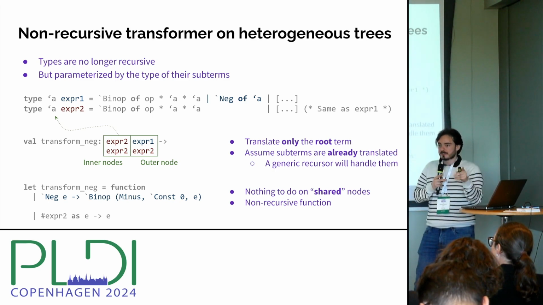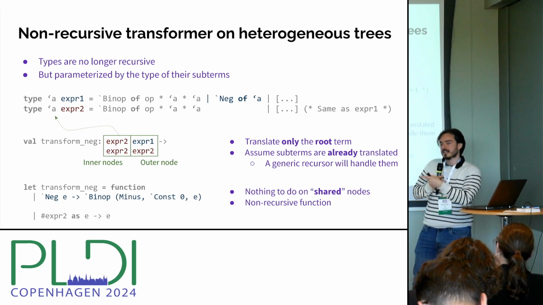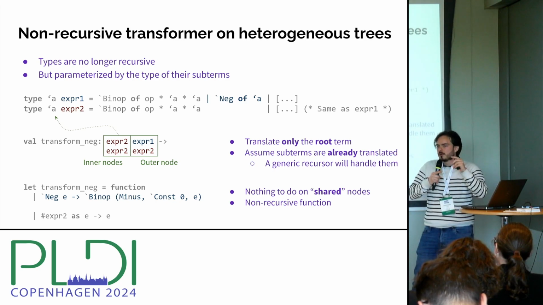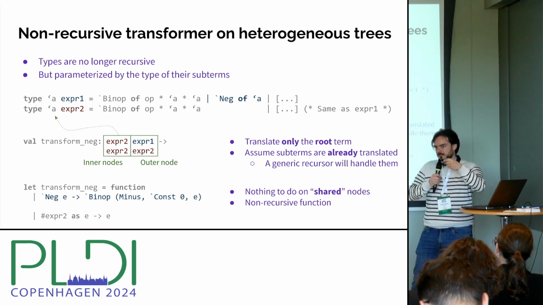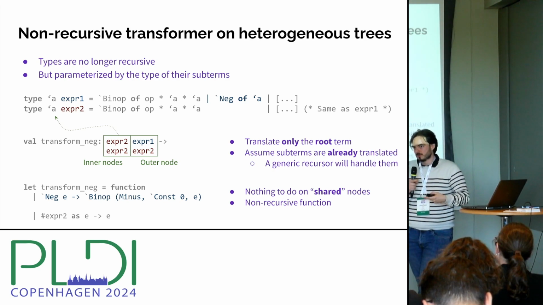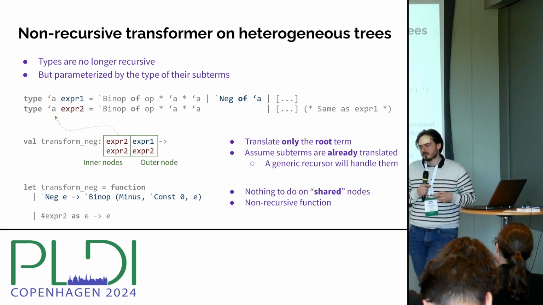But what you cannot say is expr2 is expr1 minus neg. And that's the PPX that we wrote. It's a PPX that takes a record with del, add, update fields, and you tell it which of the constructors you want to remove and add, and then it creates the type. So yeah, that's the PPX that we basically rewrote.